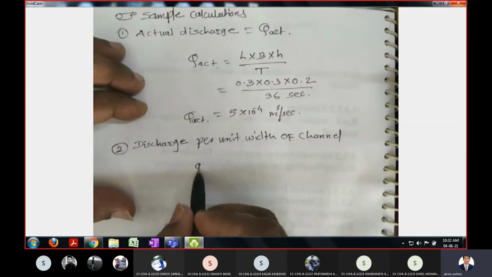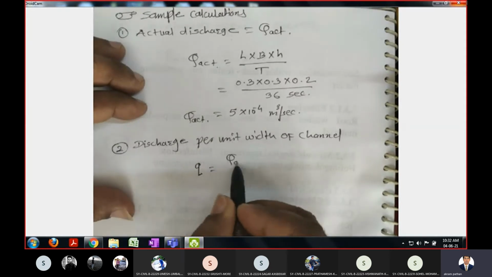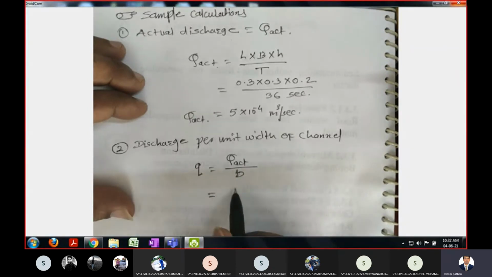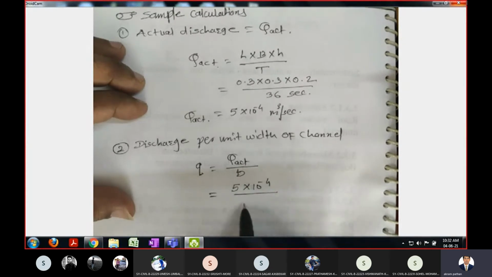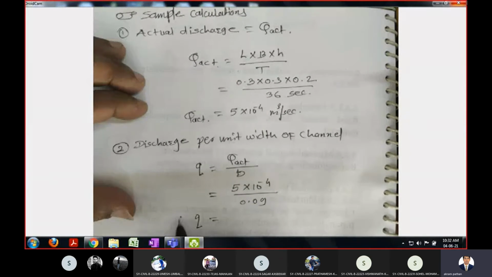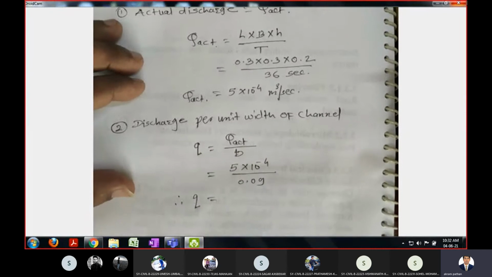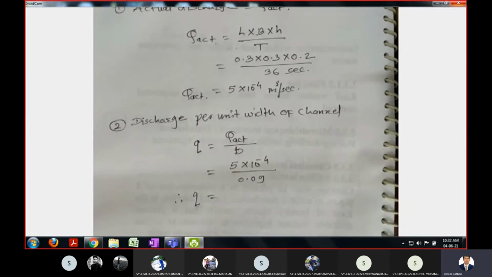And this is equal to small q equals capital Q divided by width of the channel. So capital Q is 5 into 10 raised to power minus 4 divided by width of the channel, which is 0.09. So what should be the value of small q? How much is it?